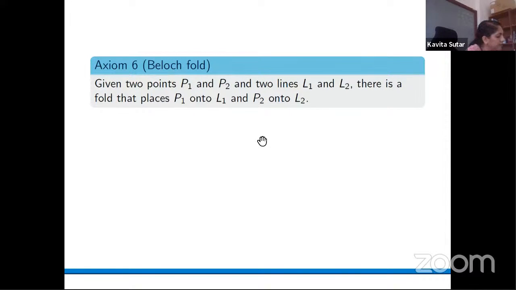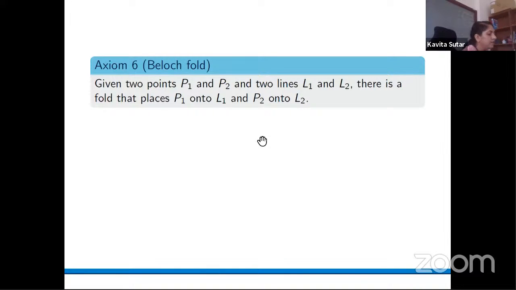So for example, this fold is tangent here. If I fold like this, that is tangent here. If I look at this fold, that fold is tangent somewhere else. And the collection of all those points actually forms this parabola. It's like I'm looking at all possible tangents and collecting those points and constructing this parabola.